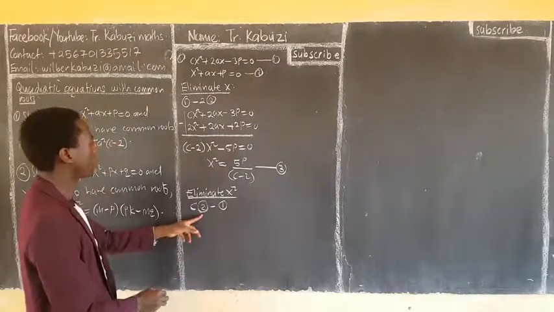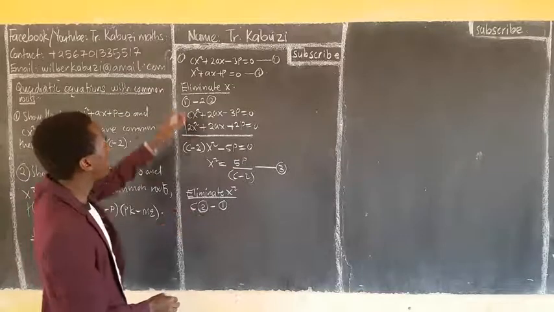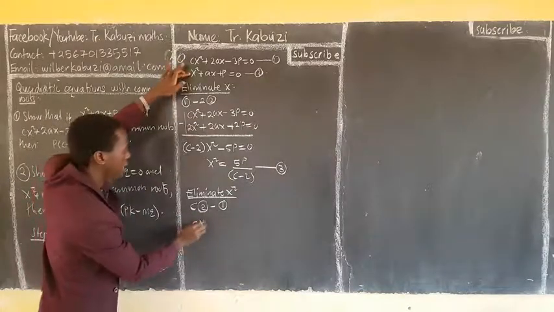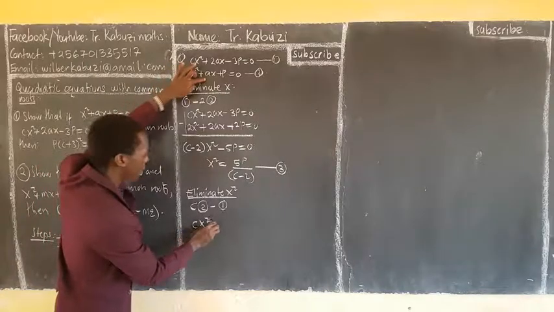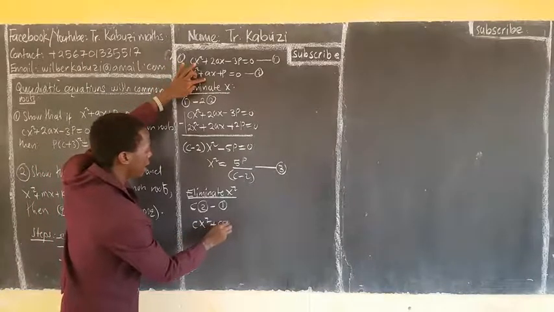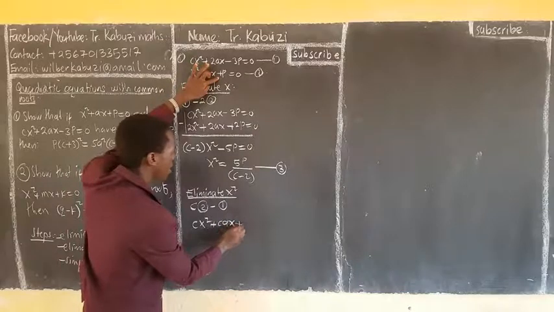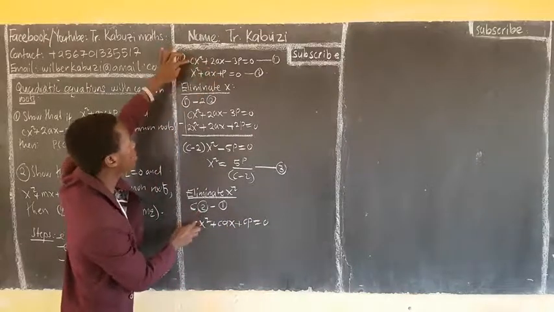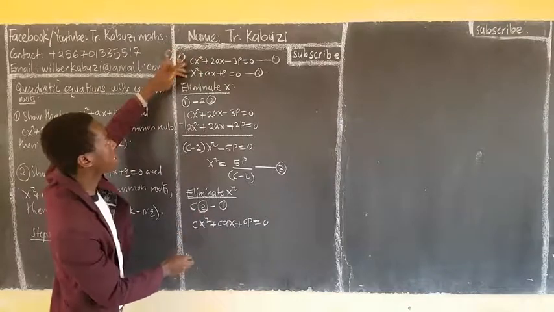In equation 2, if I multiply by c, I'll be having cx squared plus cax plus cp equal to 0. I'm multiplying by c in equation 2 so that the coefficient is the same.